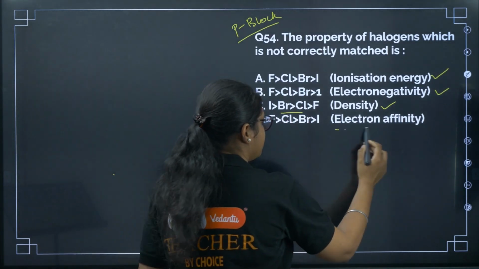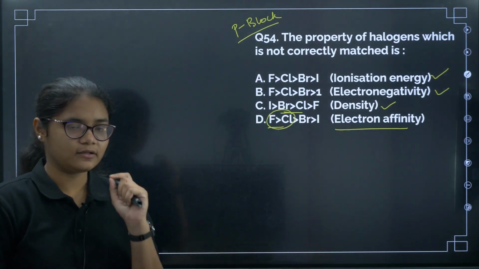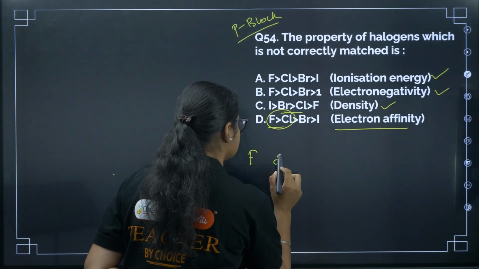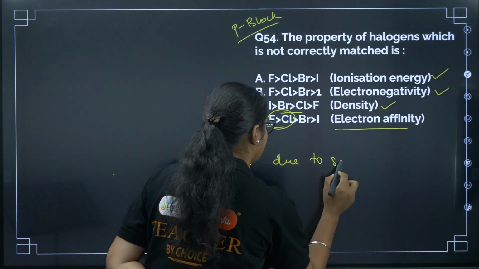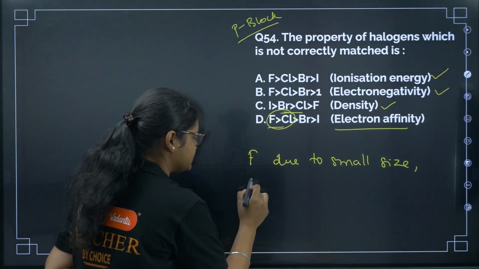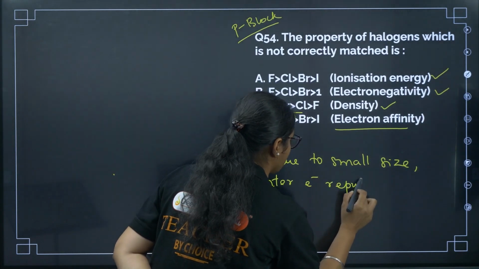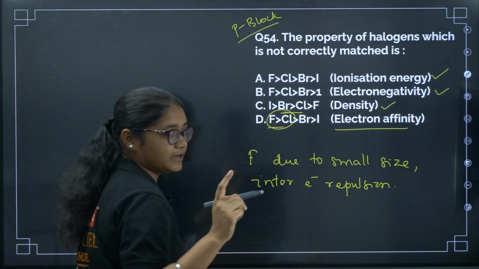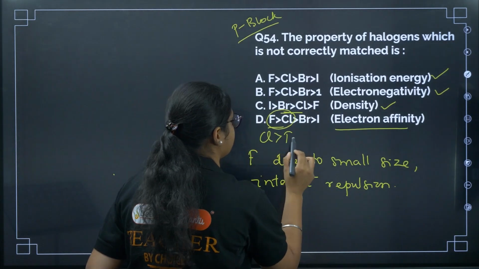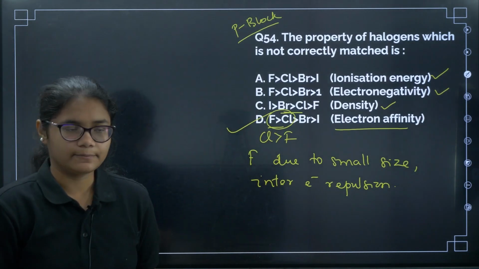Now electron affinity, fluorine and chlorine, here is a very important exception. Due to the small size of fluorine, there is inter-electronic repulsion, as a result of which the electron affinity of fluorine decreases and the order becomes chlorine greater than fluorine. So the correct answer for this question is option D.